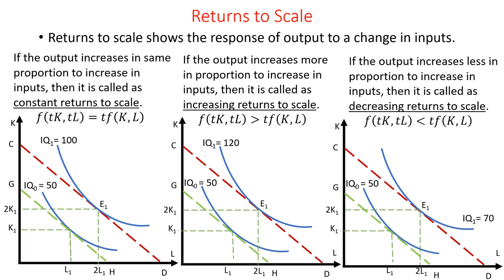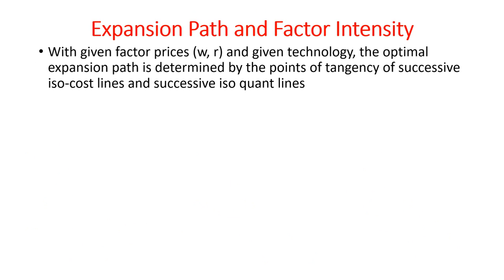Lastly, we discuss the expansion path and factor intensity. Given the factor prices and technology, the optimal expansion path is determined by the points of tangency of successive iso-cost lines and successive iso-quant curves.